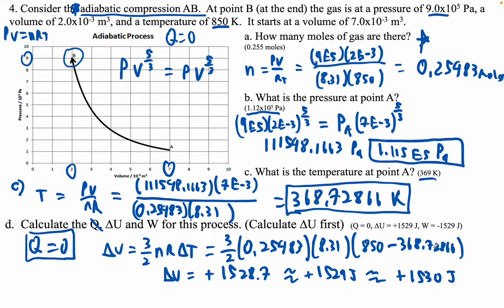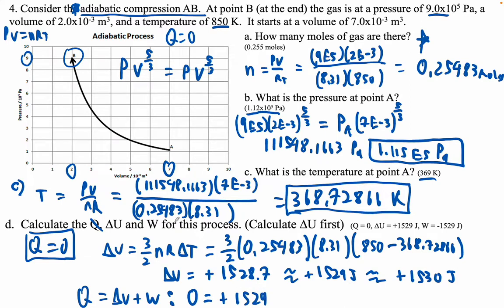Okay, now we want to figure out the work done by this process. Well, remember that Q is delta U plus work. Well, Q is 0, so we put in a 0 for the Q, and that equals positive 1529.